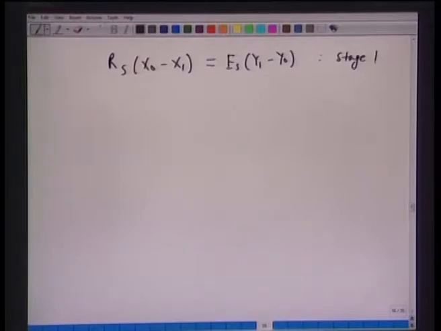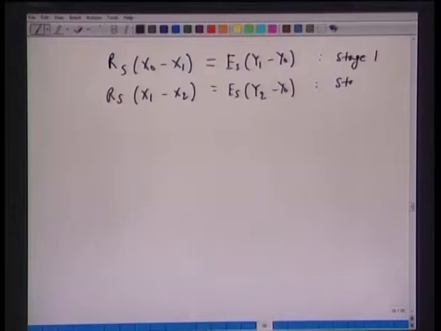We can write down the same for stage 2. Rs will not change. This is solute-free basis solvent, so solvent flow rate will remain the same. This will be Rs (x1 minus x2). So this is the second stage. This will equal Es. We are assuming Es1 is the same as Es2, so we don't have another subscript here. So this is Es (y2 minus y0).